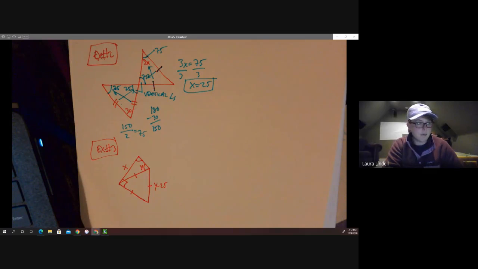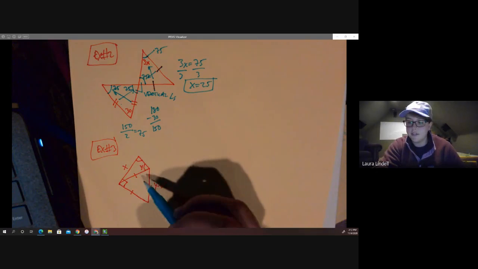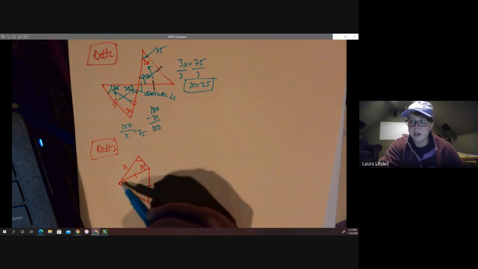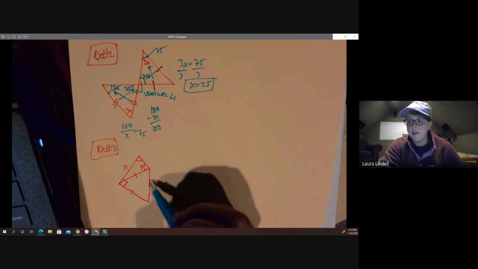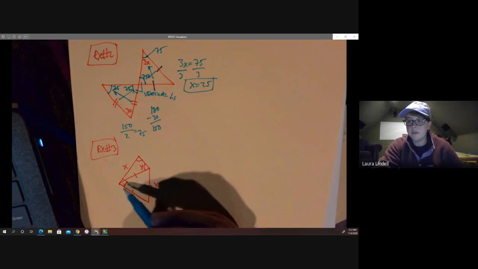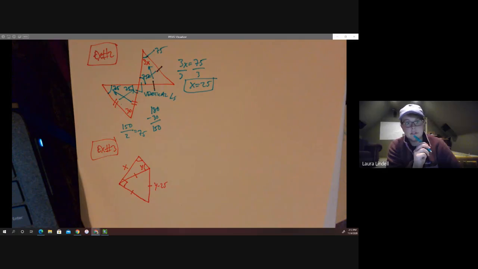So the first thing I would do over here is notice that this is an equilateral triangle. And for an equilateral triangle, what are all of the angles equal to? In an equilateral triangle, what are all the angles? Yes, Brooklyn, 60.